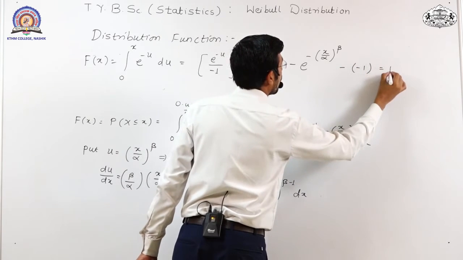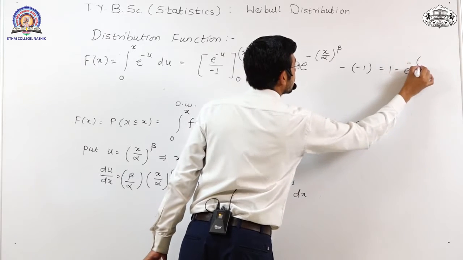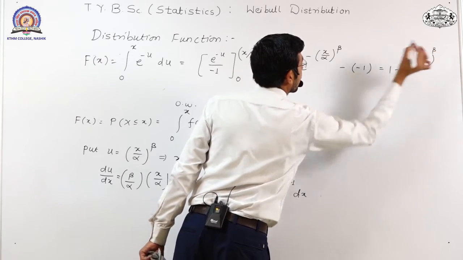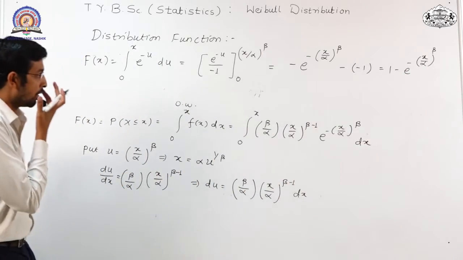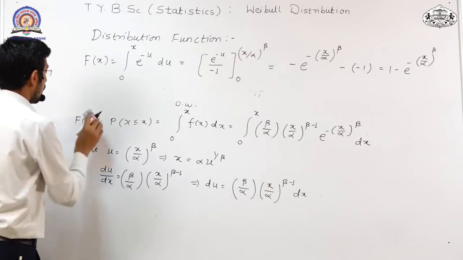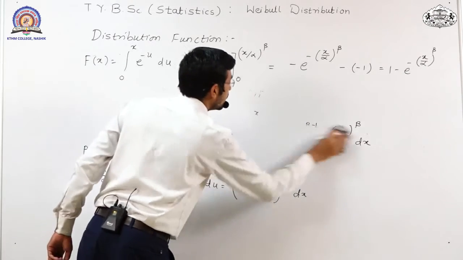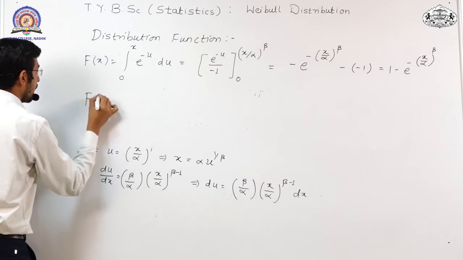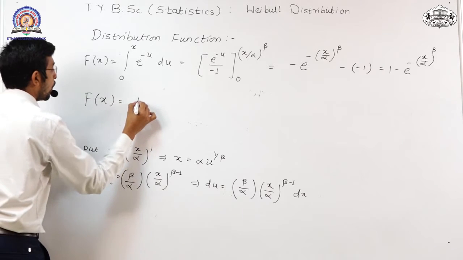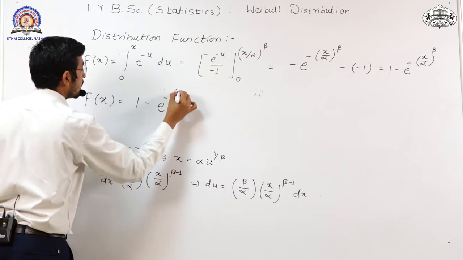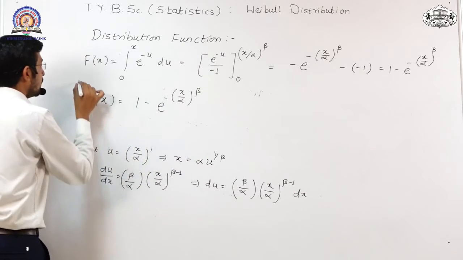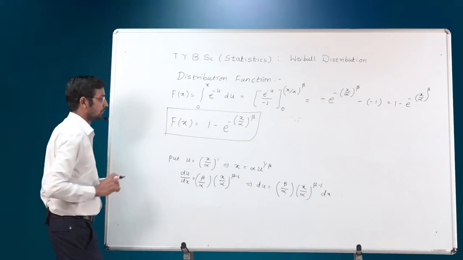That means 1 minus e raised to minus (x upon alpha) raised to beta. This is the distribution function of Weibull distribution with parameters alpha and beta. That is, F of x is equal to 1 minus e raised to minus (x upon alpha) raised to beta. This is the distribution function.